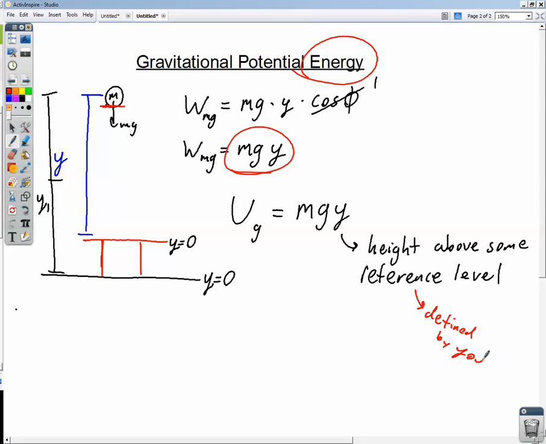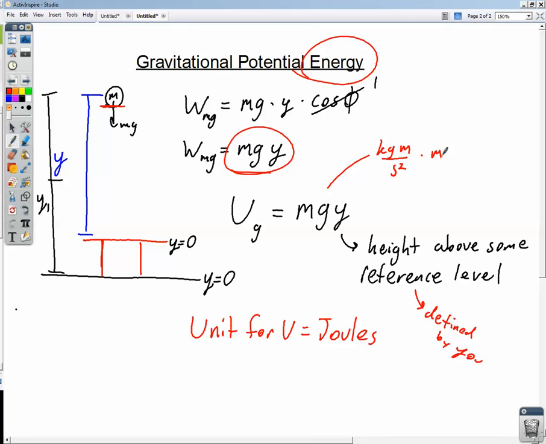Now let's stop and take a second to talk about the units here. The unit for gravitational potential energy, because it is an energy, is going to be the same as the unit for kinetic energy, which is joules. All right, so the unit for U is joules. And we can confirm that here. Mass is given in kilograms, g is an acceleration, meters per second squared, and we're multiplying that times another distance, meters.